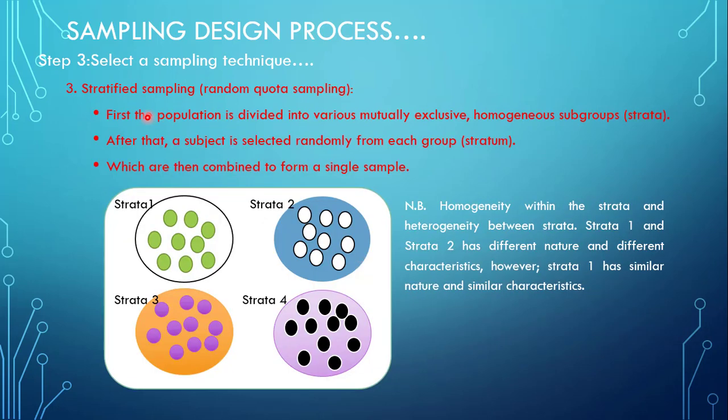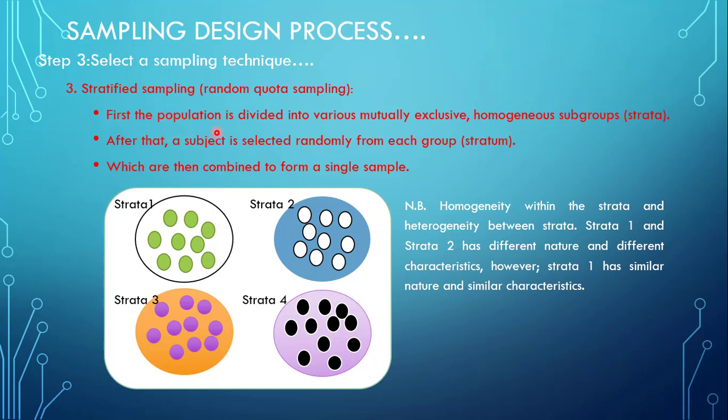The third technique is known as stratified sampling. Stratified sampling is also known as random quota sampling. In stratified sampling, first you divide your population, but the population is divided by homogeneity, meaning each stratum should be homogeneous and have similar characteristics.